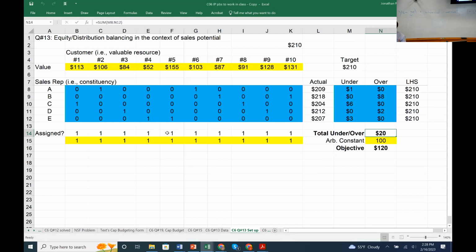And the answer is apparently not. So it came back saying, this is the best we're going to do. And that's it. And it's pretty good. You know, nobody is more than 212. Nobody's more than 218. Nobody's less than 204. That's pretty good.